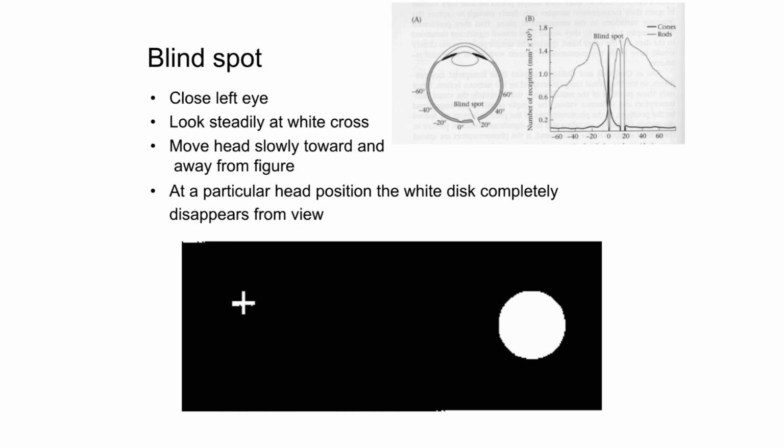Okay, so here you see, for instance, the red cross on the left side of the diagram using your right eye only. If you go towards the cross slowly, gradually, and outward from the cross, at some point in time you will lose sight of the white circle, which is on the right side of the diagram.